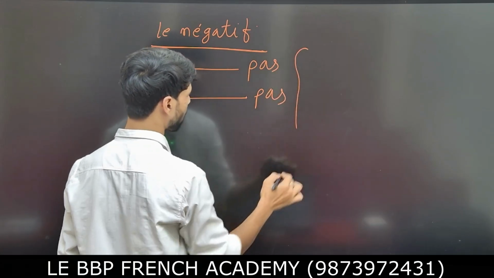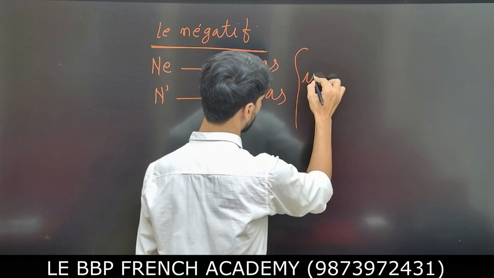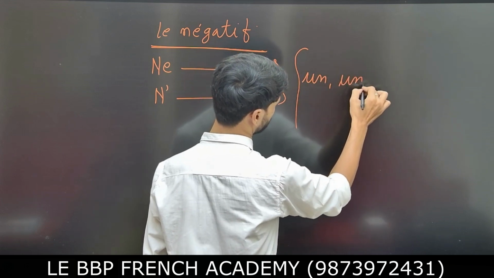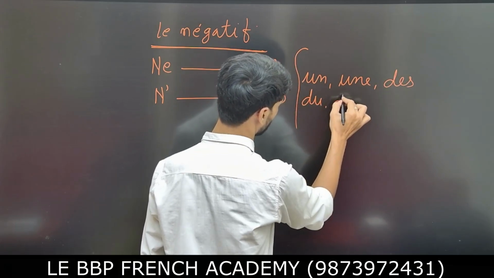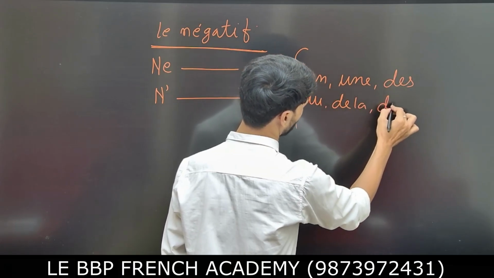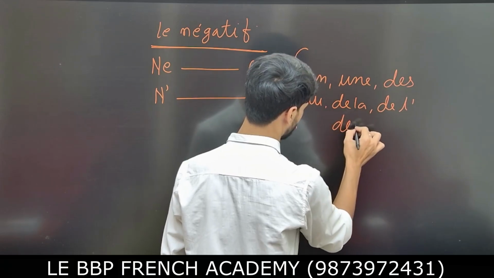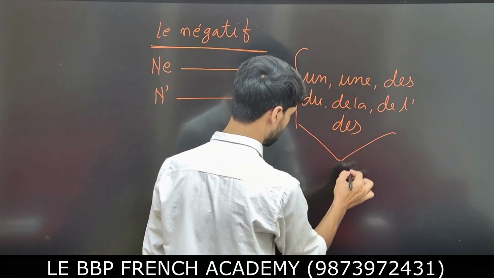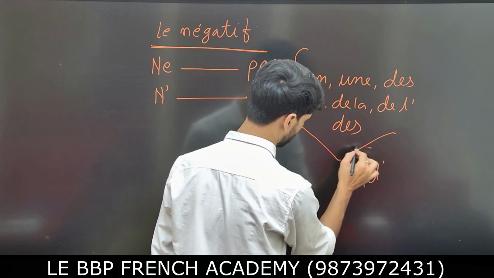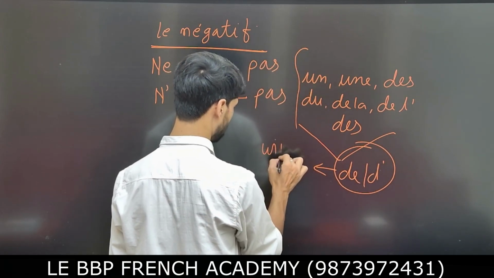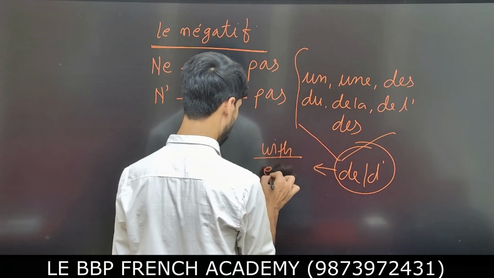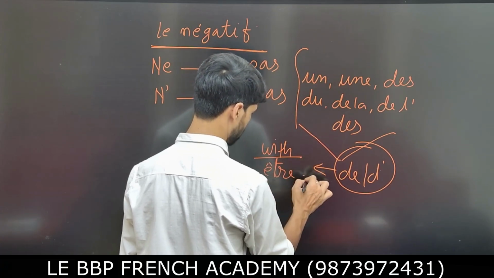And after pas, if you have an article like un, une, du, de la, des, it will be changed to de or d' apostrophe. But this rule is not used with the verb être. With être, no change.